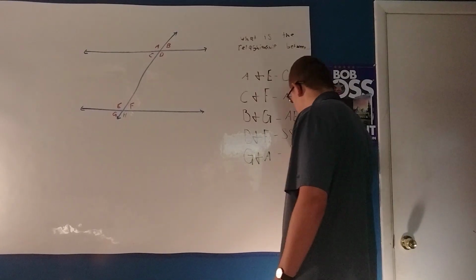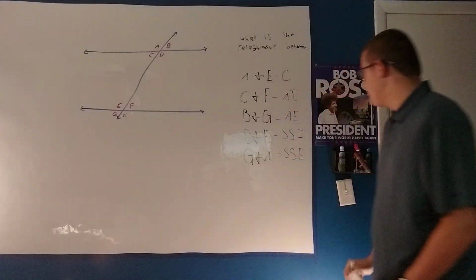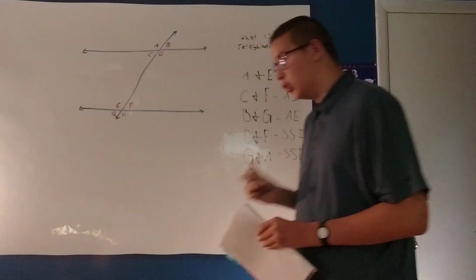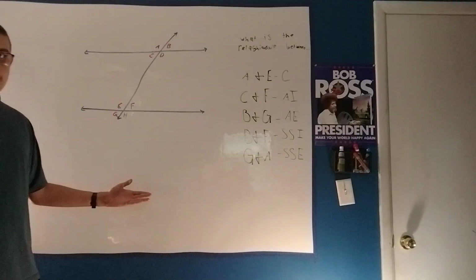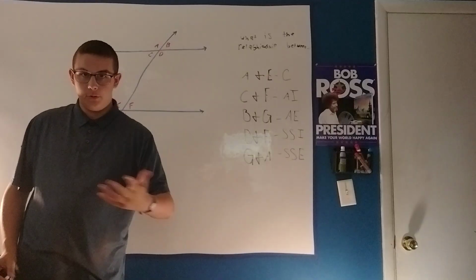So this is same side exterior. So hopefully you got all of that right. And now we'll move on to something else now that we have a firm grip on our angle types and that there are really only two kinds of angles, obtuse and acute.